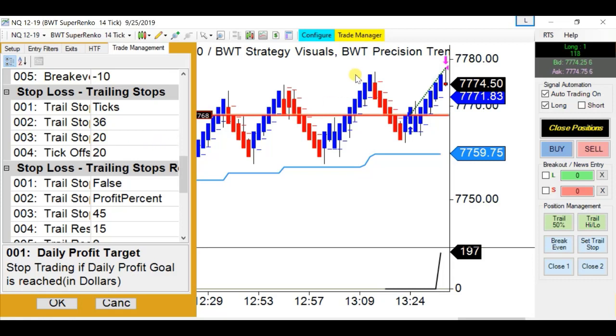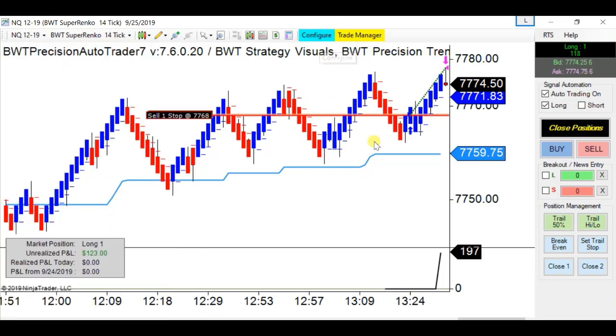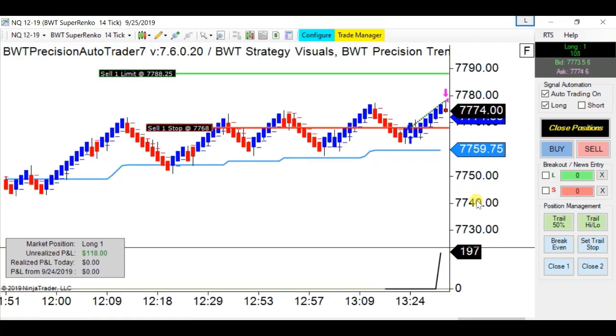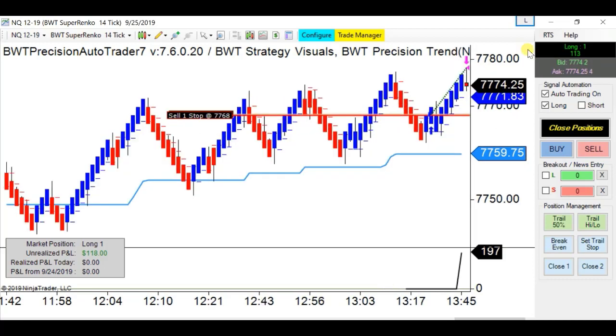All right. So second target is before 90, but I think I should hit my daily target before then on this chart. So yeah, we're looking good. Backing away a little bit after making a new high, but that's all right.